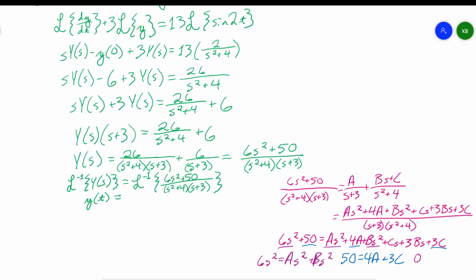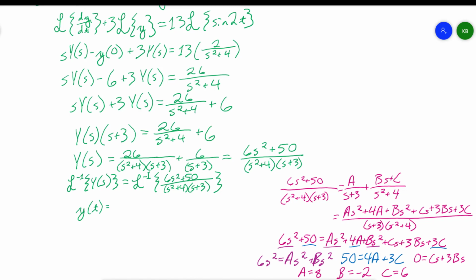So I have 0 on the left-hand side equals, my s terms, C s plus 3B s. You can solve those, and solving those is going to give you A, B, and C. Again, I'm not going to work through the system of equations here, but when you do, you're going to get A equals 8, B equals -2, and C equals 6.